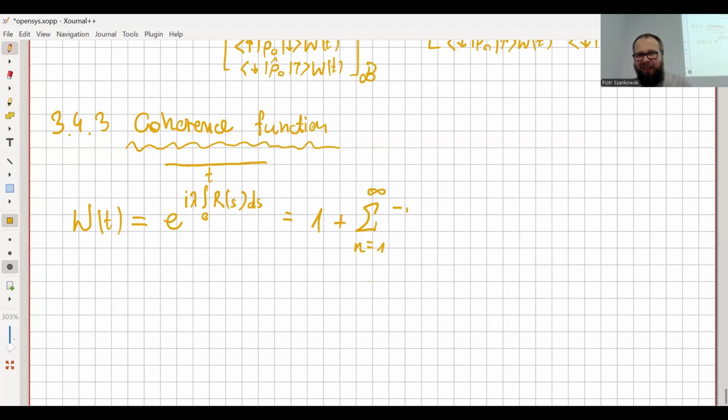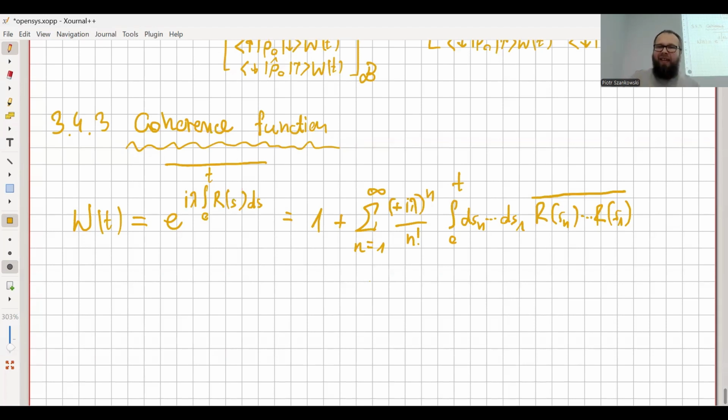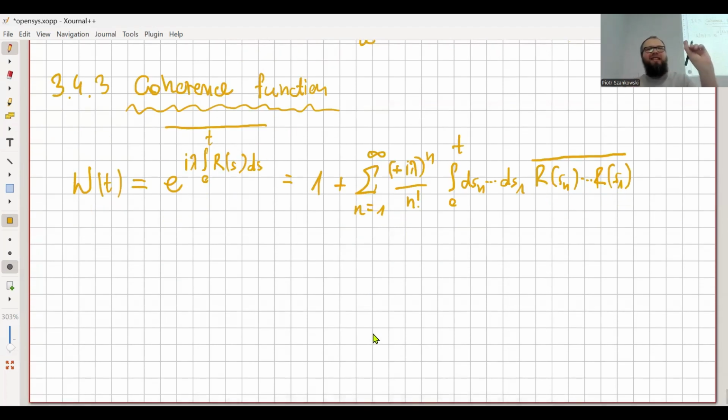So we have our sum over n, divided by n factorial, the integral from 0 to t of ds_n ... ds_1, r(s_n) ... r(s_1), average, okay. And there was this little tiny nuance about probability distributions, that we defined joint probability distributions only for ordered times, okay?